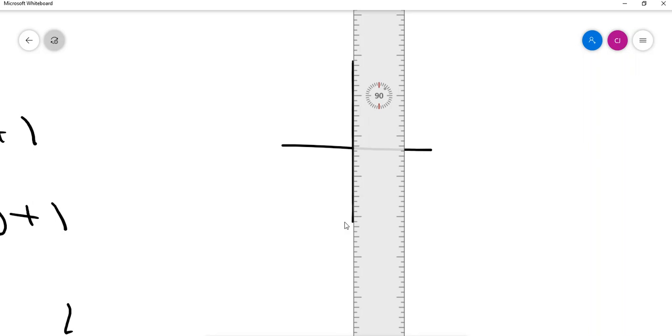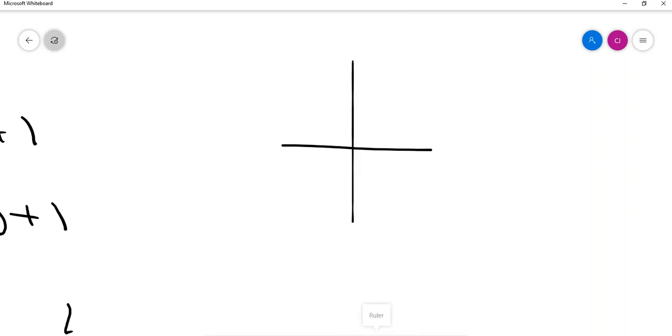Now, this is x. I'm going to let that be the x-axis, remember we talked about this before, and the y-axis. These arrows symbolize that this just keeps going on.